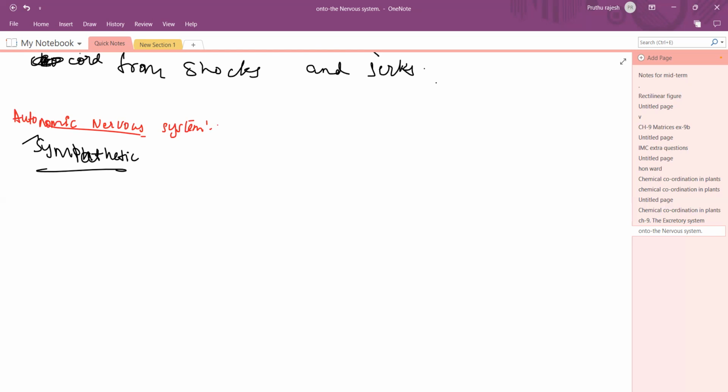Glycogen is converted into glucose in the liver because the body needs energy to prepare for emergency situations. The emergency hormones produced are adrenaline and noradrenaline. Peristalsis is inhibited, and in some people the bladder relaxes. Those are the symptoms of the sympathetic nervous system. It prepares the body for action.